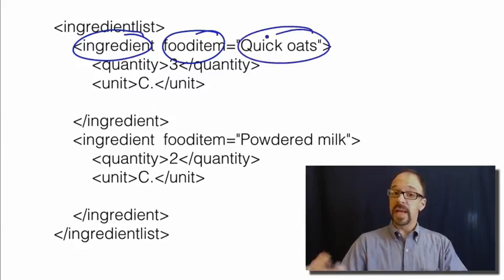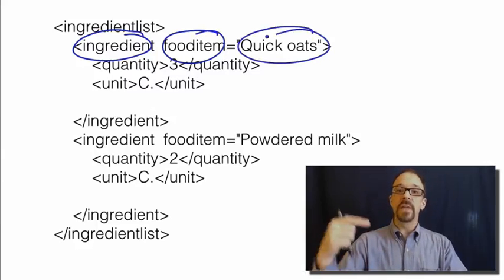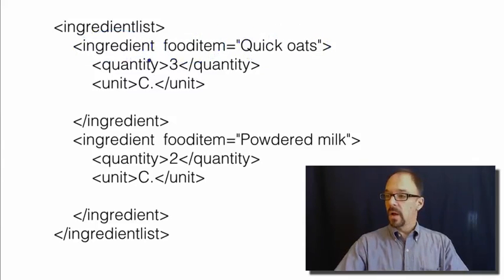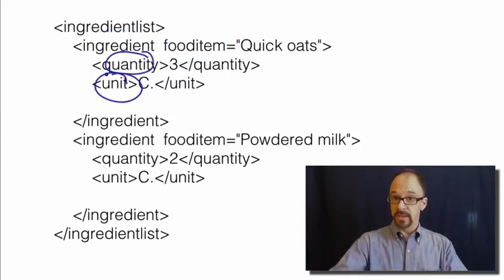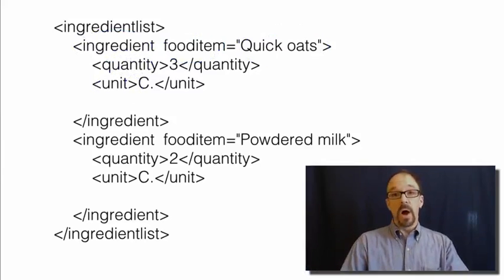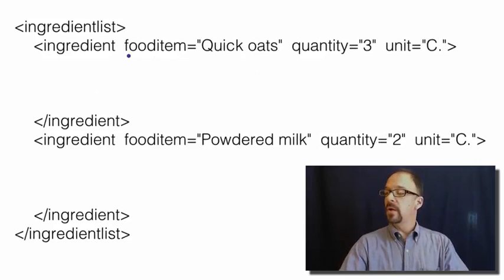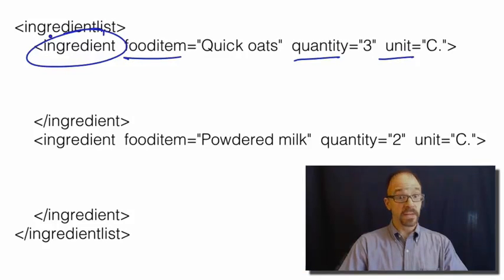Food item is an attribute of the element ingredient, but I've left quantity and unit as their own child elements. An alternative way still to represent this recipe is like this. And now food item, quantity, and unit are all attributes of ingredient.